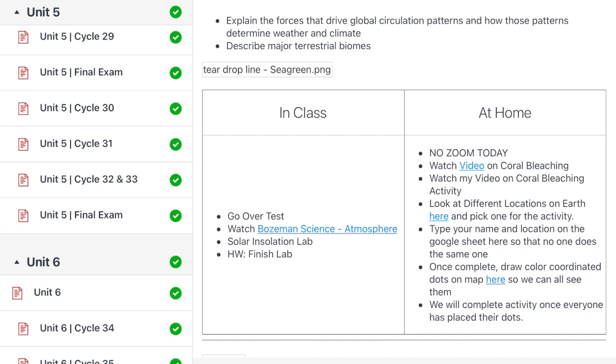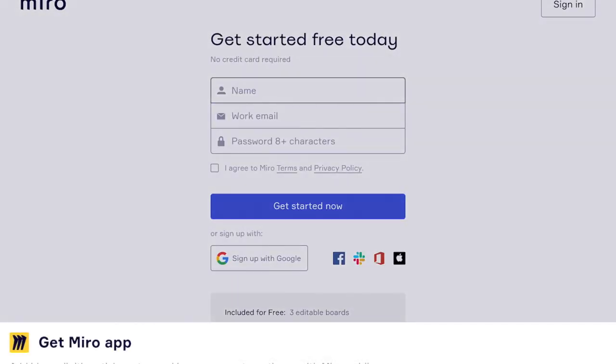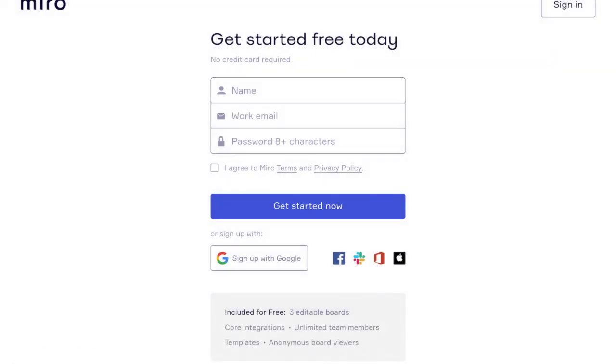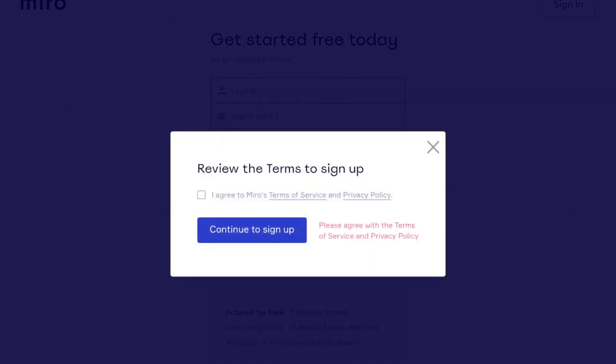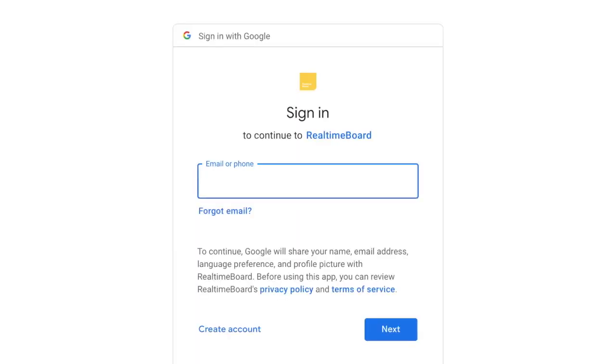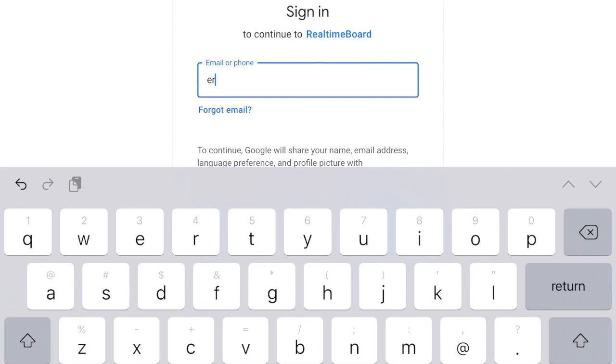And so now we want to color code them on the map here. So this is an interactive whiteboard, and when you click the link there to put the dots, it's going to take you here, and you want to sign up using your Google.